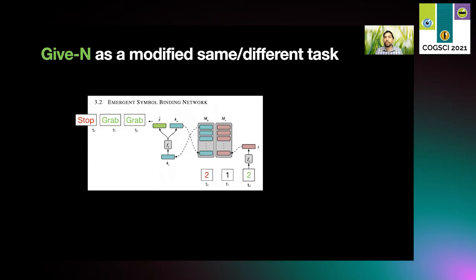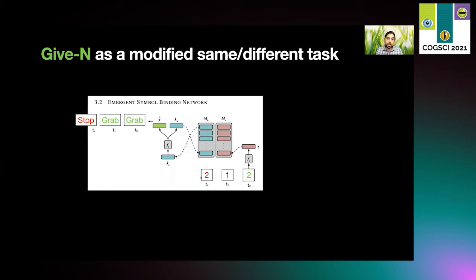And what I would propose is the give-n task is a modified same-different task in the following sense. Let's say the sequence of stimuli fed to this side of the network start with the instruction n. So if this is give 2, you would give 2 to the encoder at t0. And then at t1, you would give the stimuli for 1 and then just count through the count sequence.